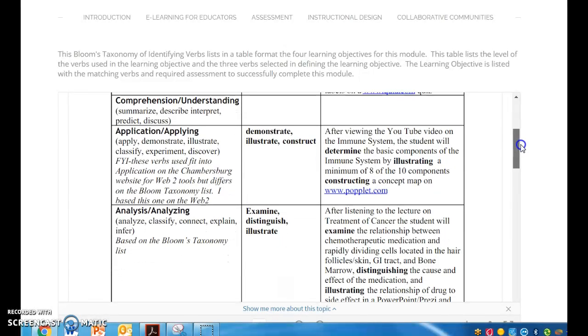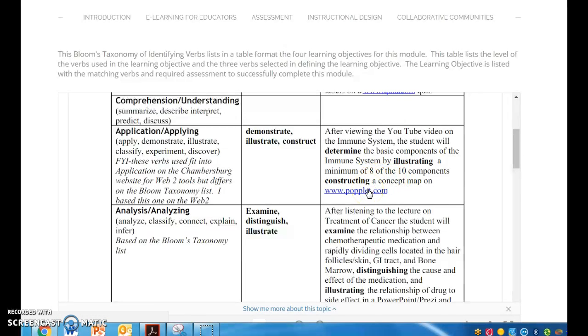Then moving up to application and applying, I picked the words demonstrate, illustrate, and construct, and tried to find a Web2 tool that they could use to accomplish a task and be graded on at that level. So what they did is they viewed a YouTube video, and then they needed to determine the basic components of the immune system by illustrating a minimum of 8 to 10 components on a concept map.